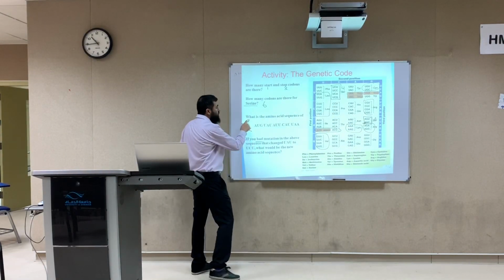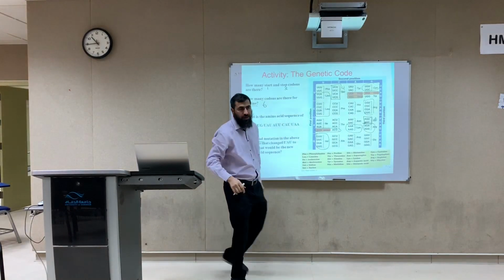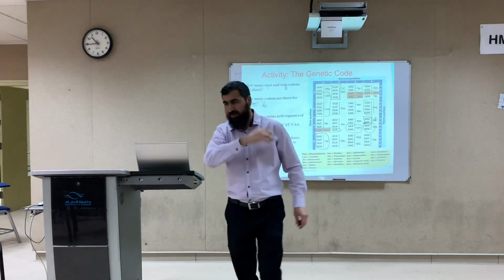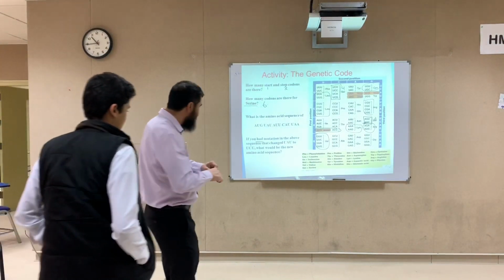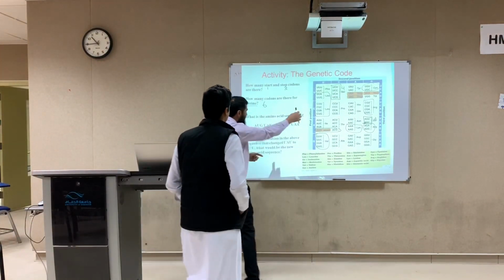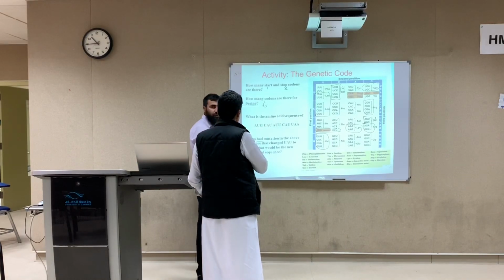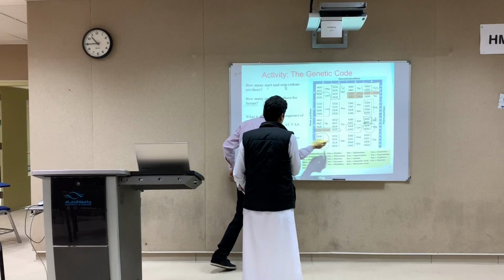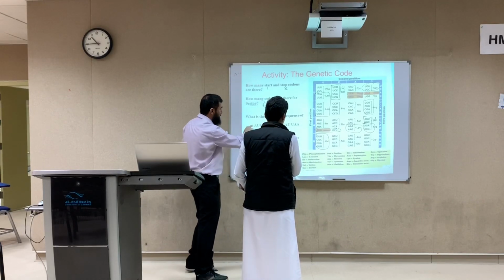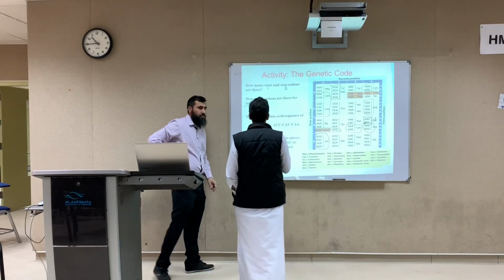Okay. So what's the amino acid sequence of this? Come up here. Use that table to convert this to amino acids, okay? And you can use the 3-letter code, okay? So find the sequences on there and translate that sequence into amino acids.